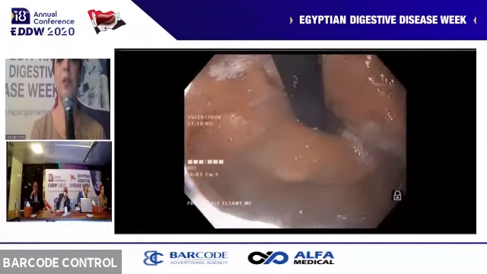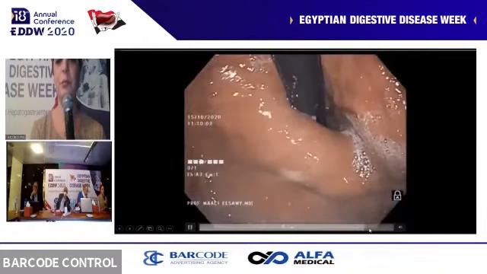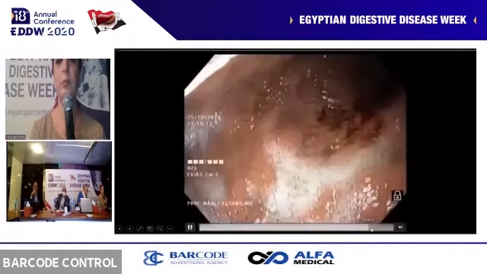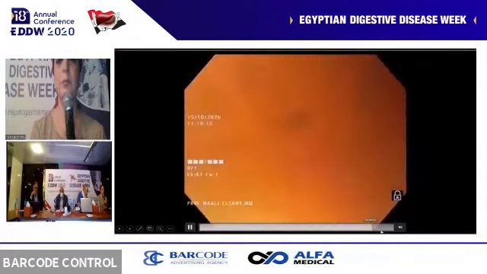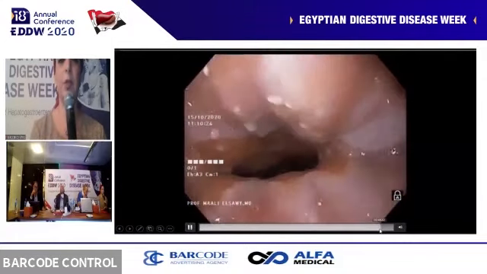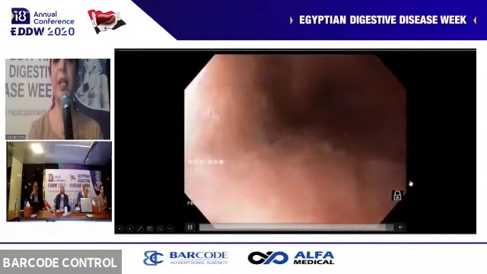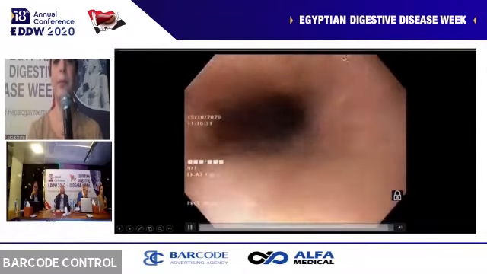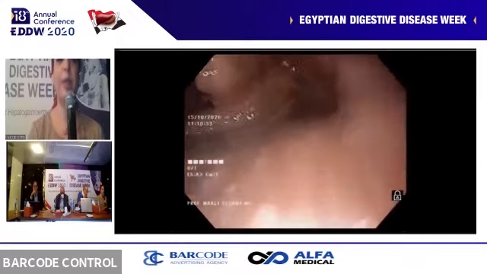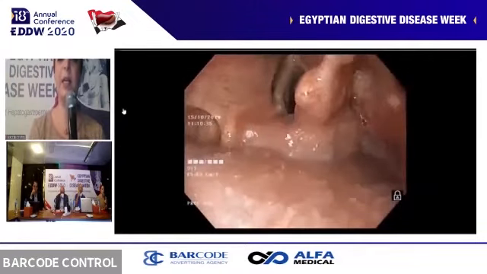The cardia is incompetent. Backward, small sliding hiatus hernia, mainly diagnosed during withdrawal. And we will back with this picture exploring the two vocal cords, trachea, and the hypopharynx.